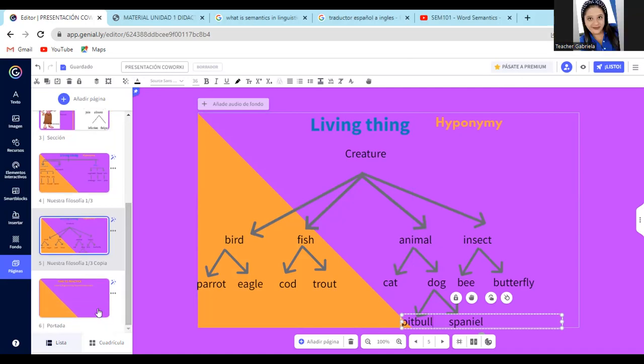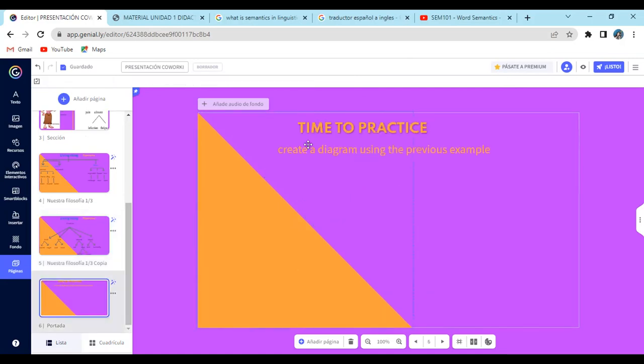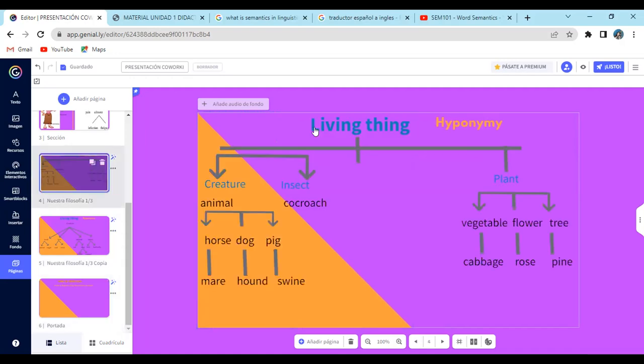Okay, here we have an activity. It says time to practice. I need you to create a diagram using the previous example, but I'm going to explain it. Take into account this phrase, living thing.